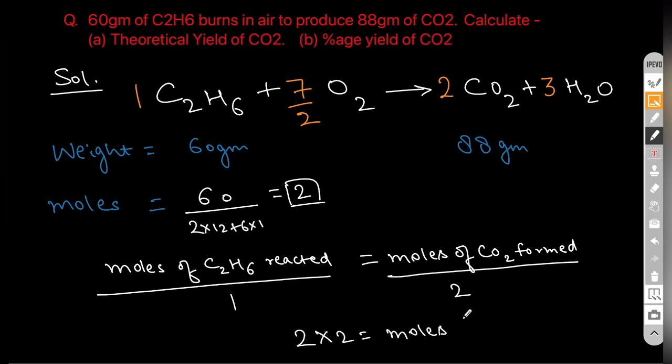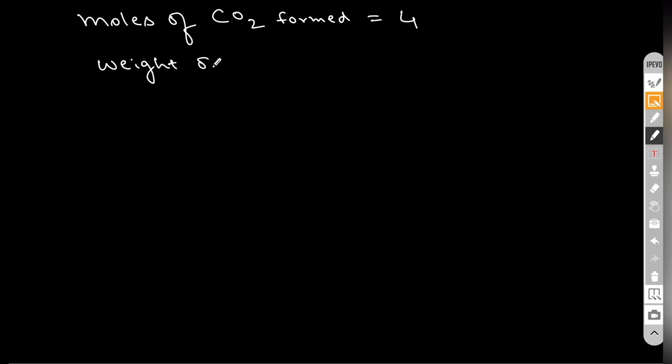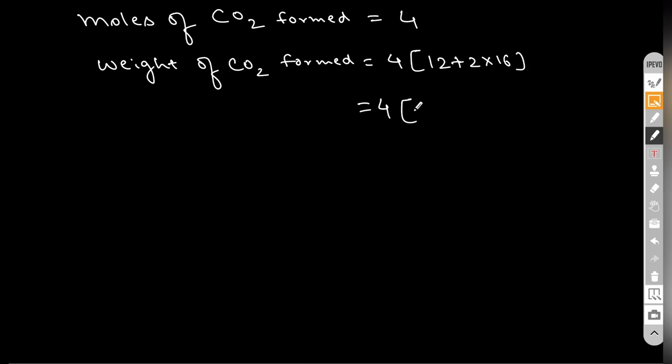Now putting the values, moles of CO2 formed will be 2 times 2, which is 4. So moles of CO2 formed is 4. Hence weight of CO2 formed will be equal to 4 times 12 plus 16 times 2. So it will come out to be 4 times 44, which is 176 grams.